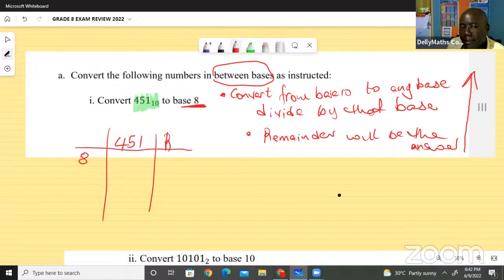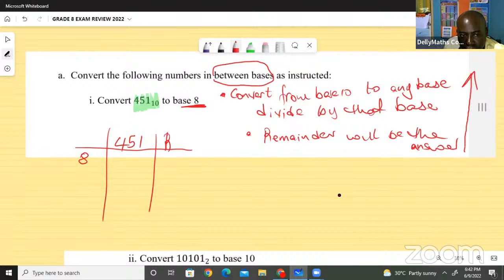Each time I divide, I'm going to write down what I get. So you have to know your timetable a little bit, but you could divide piece by piece. So this is what we're going to do. We're going to divide by the 8. Ready?